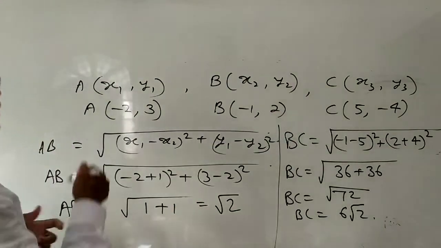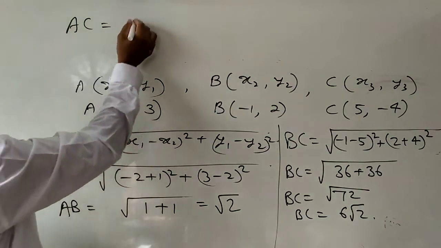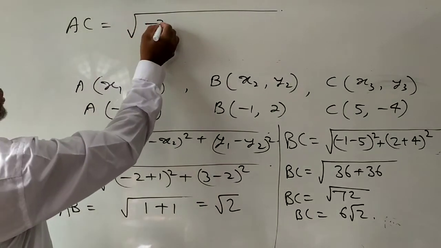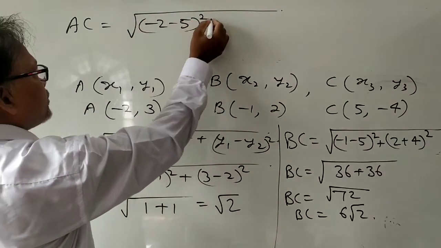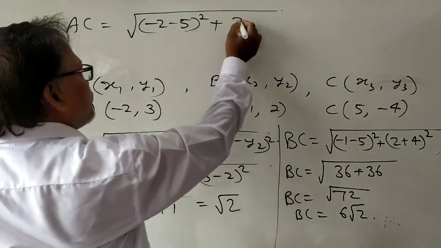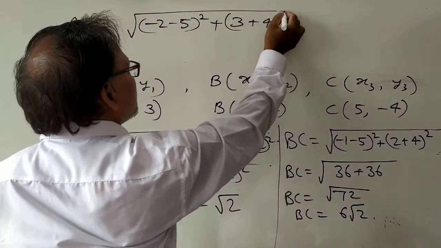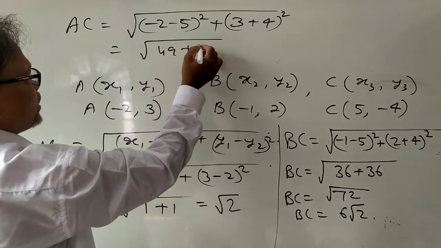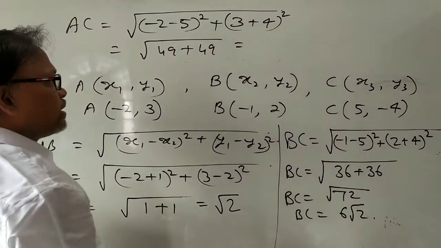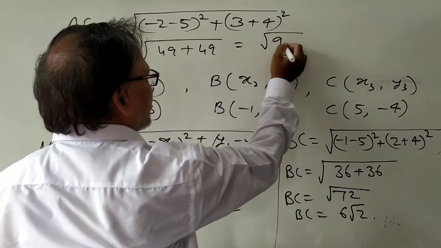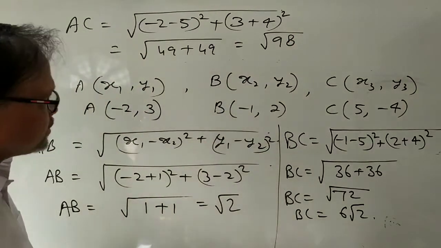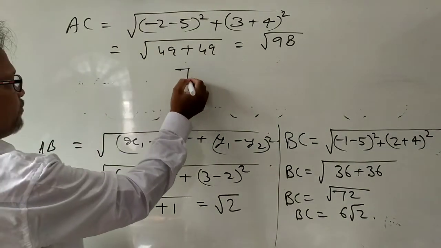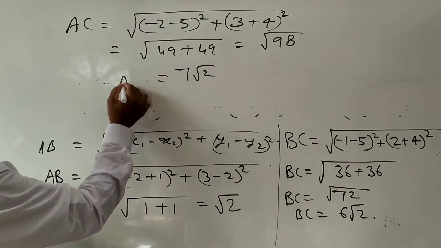A to C, AC is equal to minus 2 minus 5 and 3 plus 4, and then you will get 49 plus 49, means 98, and 98 you can write as 7 root 2. This is the AC.